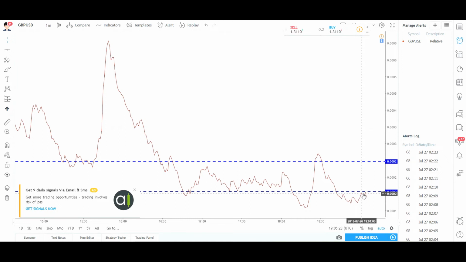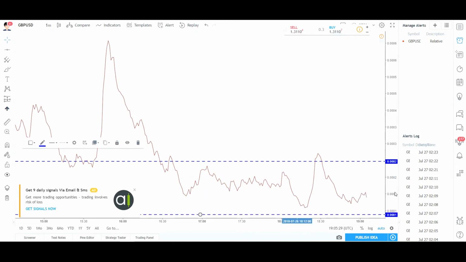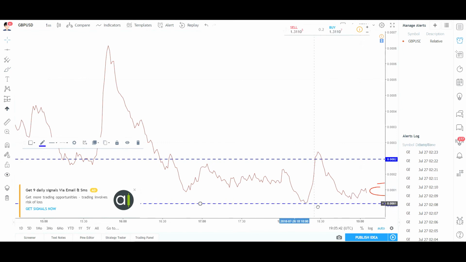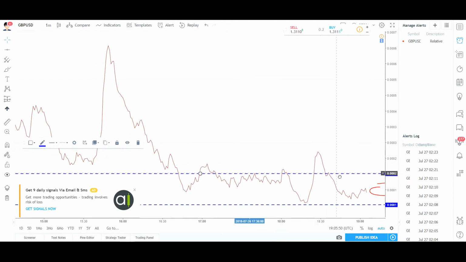So the point is, do not trade at areas that are hugging the 0.001 line. As you can see, the 0.001 line is over here. Yeah, basically over there. This line is 0.001, do not trade, and this area is 0.002 also, but do not trade during this area as well.